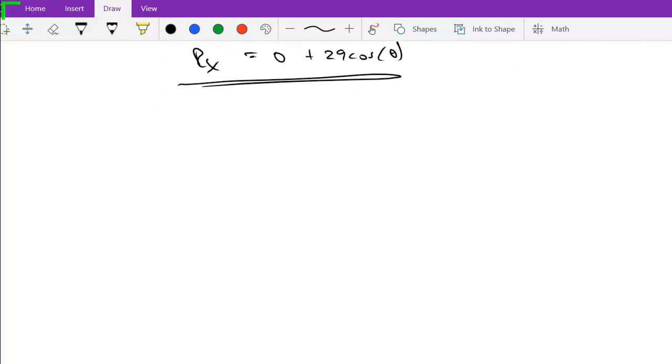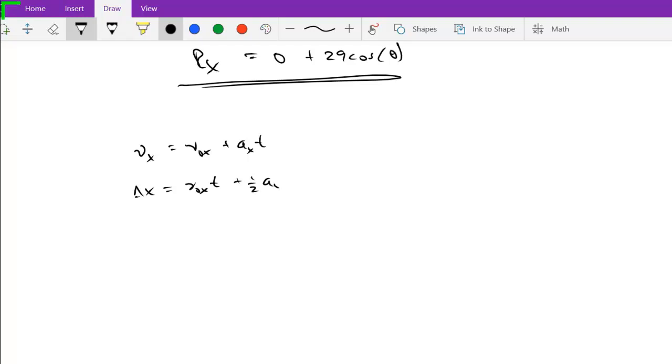So doing this results in the kinematic equations which we previously had. So we had the kinematic equations Vx equals V naught x plus axt, and we also had delta x is equal to V naught xt plus 1/2 axt squared.